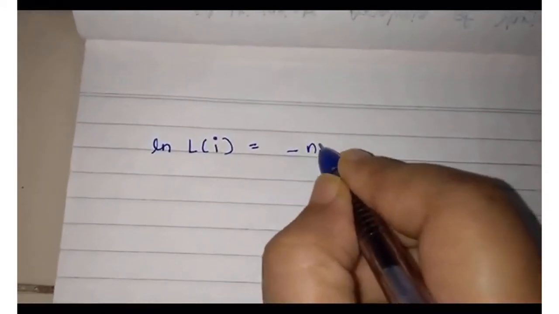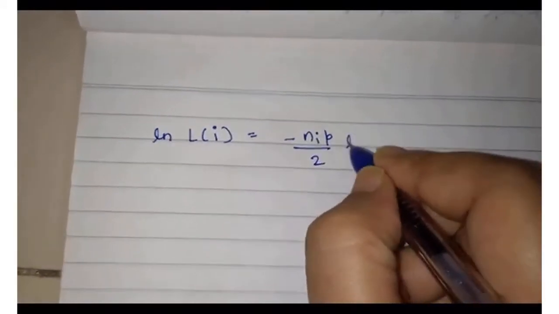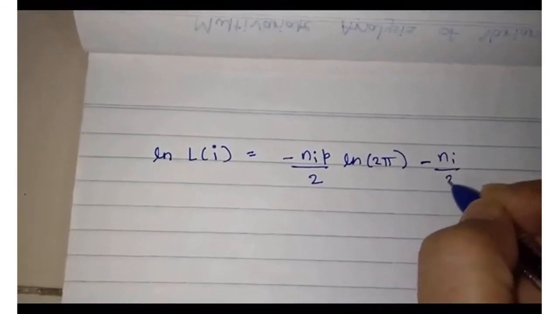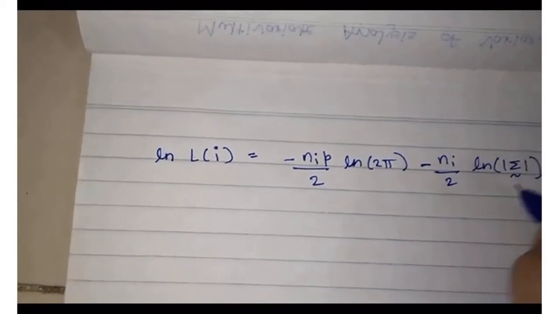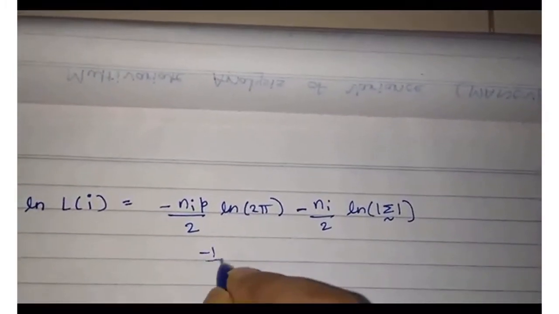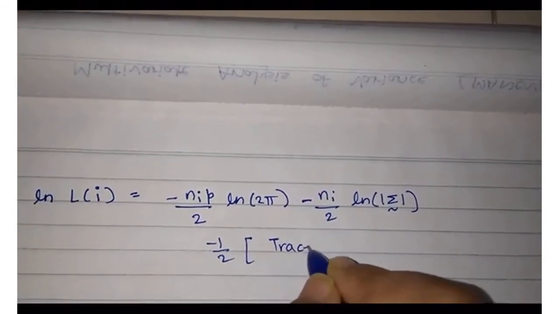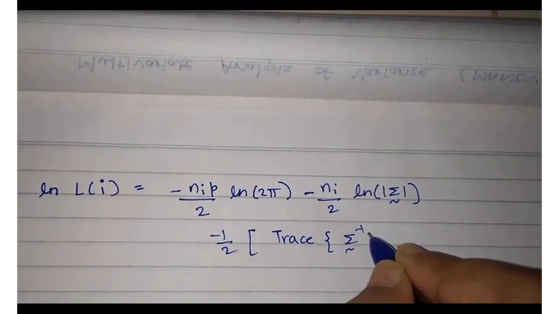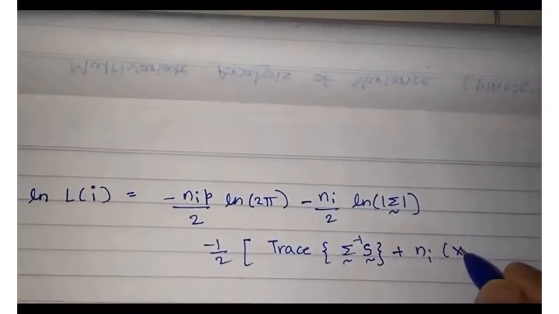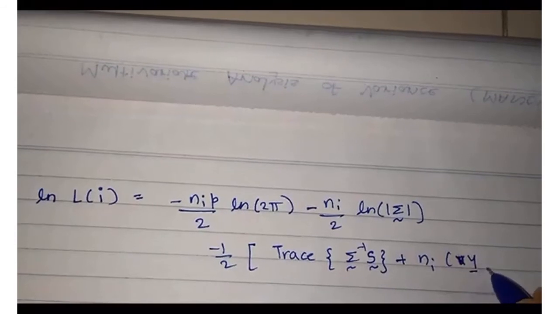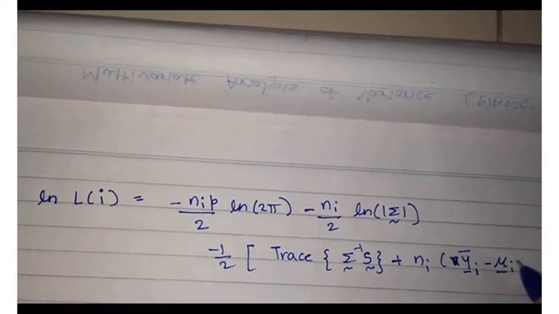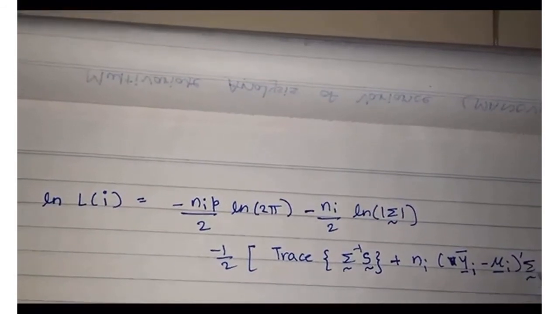So minus n_i p by 2 log of 2 pi, minus n_i by 2 log of determinant of sigma, because sigma is common so I don't have i coming here, and then minus half trace of sigma inverse S_i plus n_i, then y_i bar, that is mean of ith sample, minus mu_i prime sigma inverse y_i bar minus mu_i.